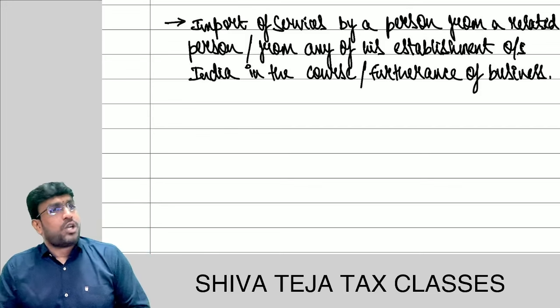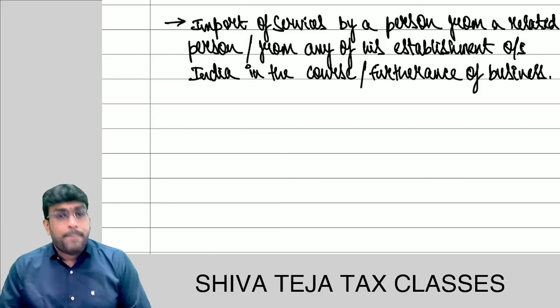Read that line. Import of services by a person from a related person or from any of his establishment outside India in the course or furtherance of business. Clear? And import we should always see from whose point of view? Receiver point of view. Clear?